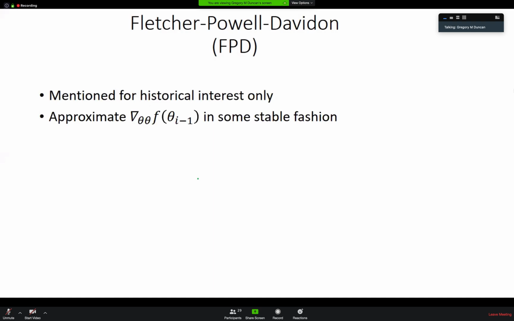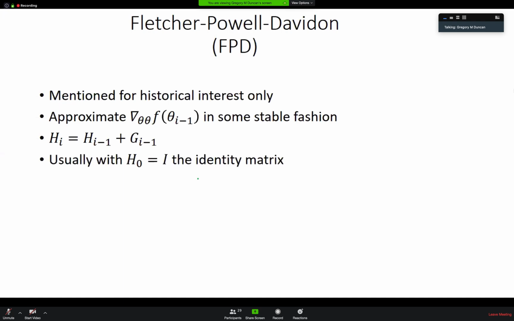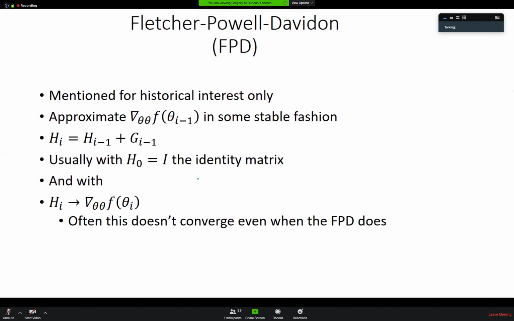Fletcher-Powell-Davidon, I mention it only for historical reasons. They were the first ones to say, let's just approximate the matrix of second partials in some fashion. Now, the reason for mentioning this at all is the following.